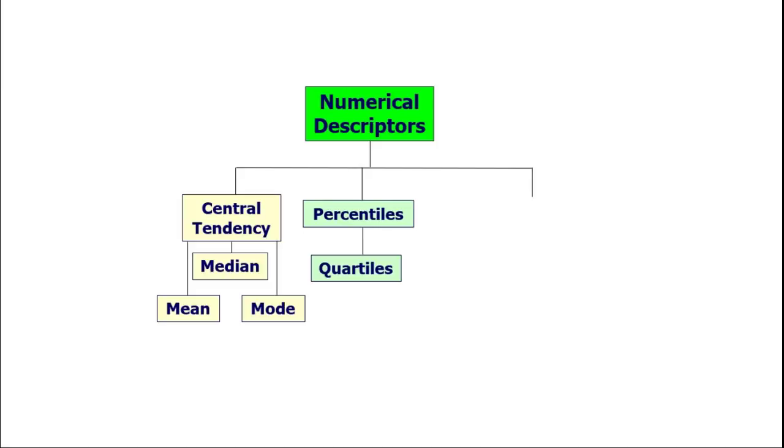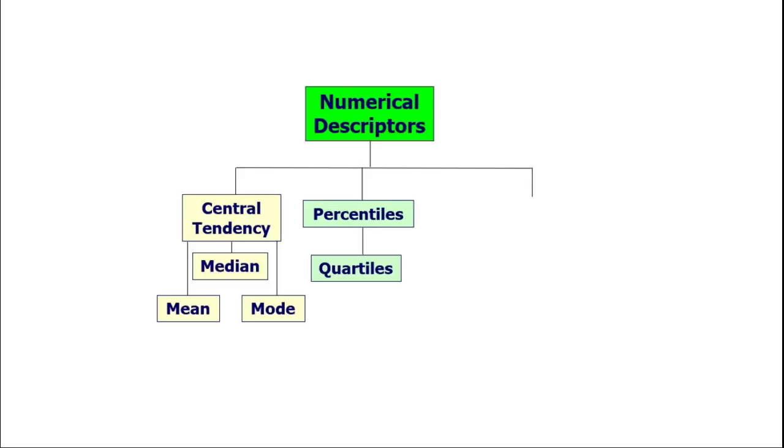Some other useful descriptors that we use quite a lot within SPSS, and we use them because they are important, is a term associated with percentiles. We use this actually when we're looking at hypothesis testing. Effectively, we're looking at various percentiles associated with distributions, and also something called quartiles.